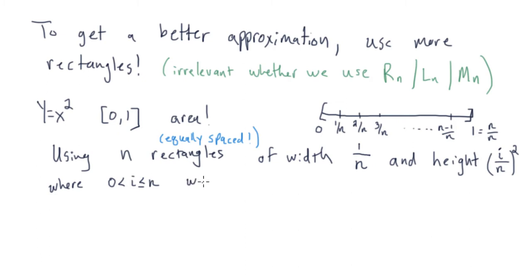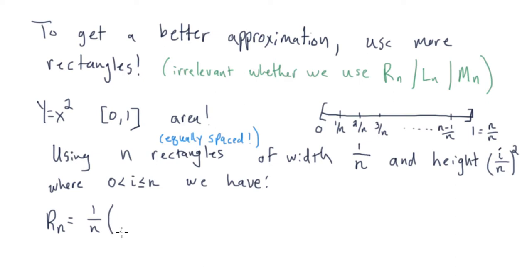we have R sub n equals, well, we're going to have 1 over n, which is going to be the width of each rectangle. And so I can actually just factor out that 1 over n. So each term is going to have a factor of 1 over n. That's the base of each rectangle.